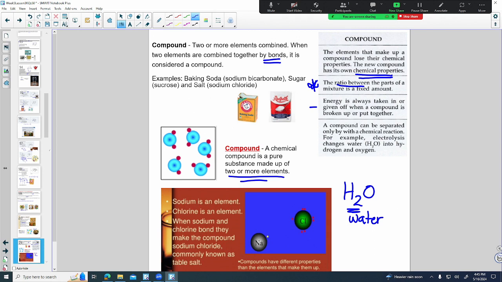And a compound can be separated only by a chemical reaction. So for example, electrolysis changes water, H2O, into hydrogen and oxygen. That's the only way you can reverse the compound of water, is using electrolysis.